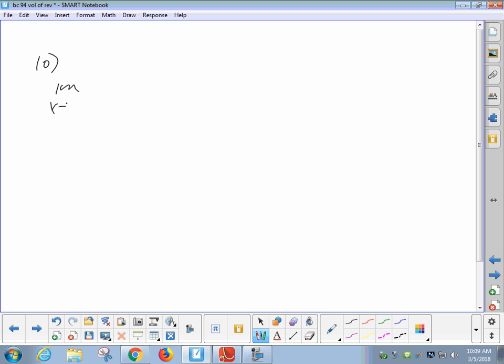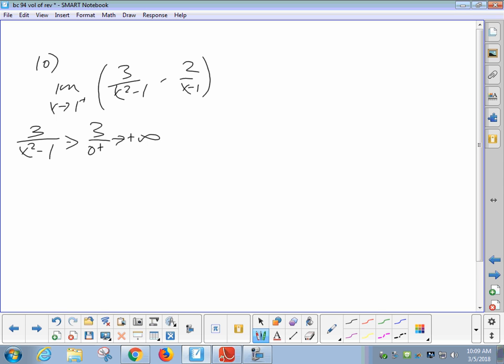Okay, so this is an indeterminate form, in that as x goes to 1, 3 over x squared minus 1 goes to 3 over tiny positive numbers, which goes to positive infinity. 2 over x minus 1 would go to tiny positive numbers, and so that goes to infinity.